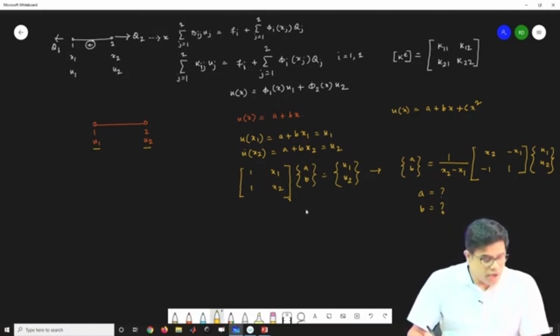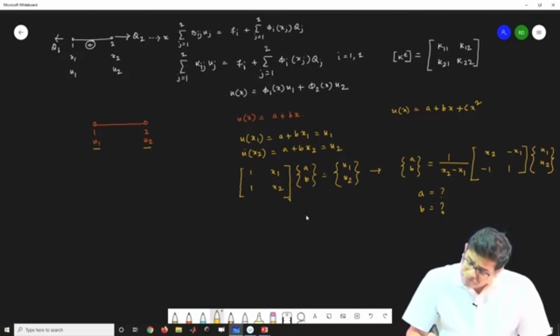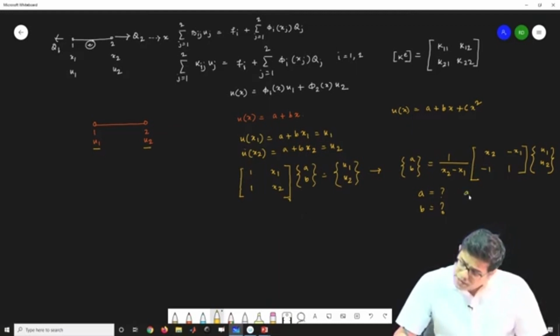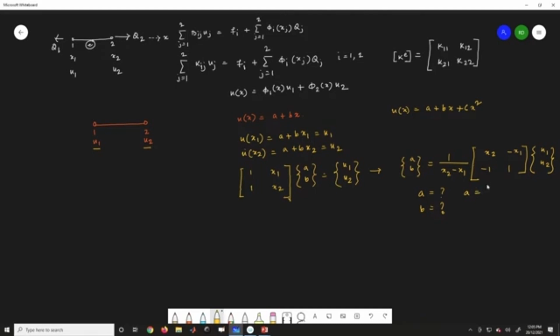Now for instance, if I write a and b, then it is very simple. A is (x2 u1 minus x1 u2) by (x2 minus x1), and b is (minus u1 plus u2) by (x2 minus x1).